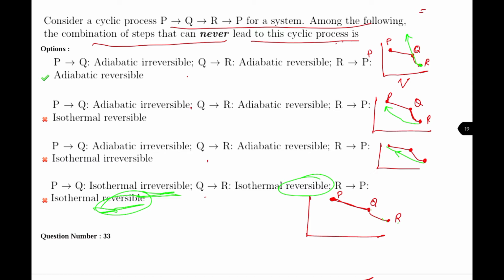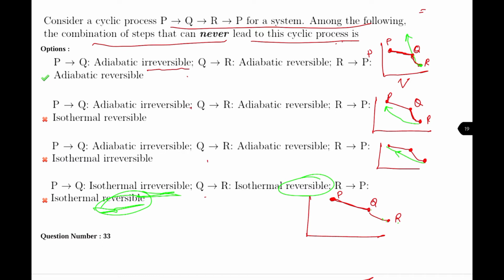So first option, P2Q is adiabatic irreversible expansion, if we assume. So irreversible is a straight line, P2Q. Adiabatic, no matter what, irreversible is generally always a straight line. Then Q2R is adiabatic reversible.